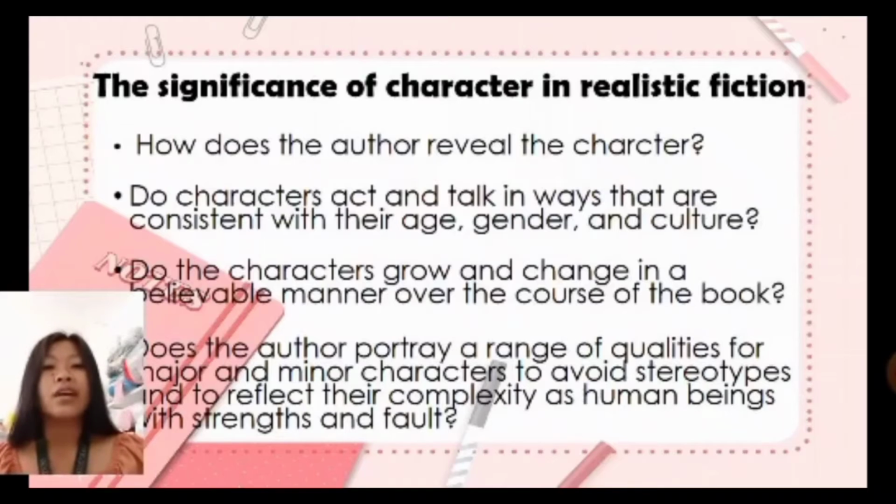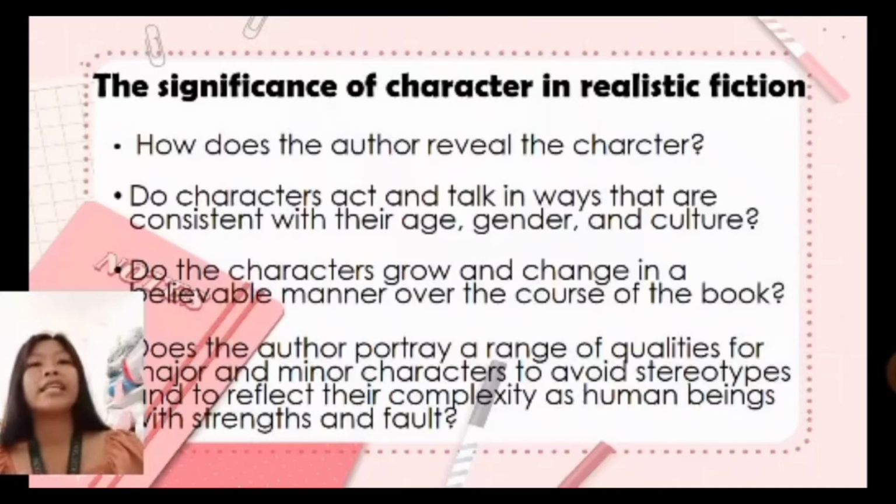So next, do the characters grow and change in a believable manner over the course of the book? So the story should be believable until the end of the story. So mao tong naay mga readers nga makaingon jud sila nga true story man siguro ni siya. Wala murag medyo di siya na experience na.